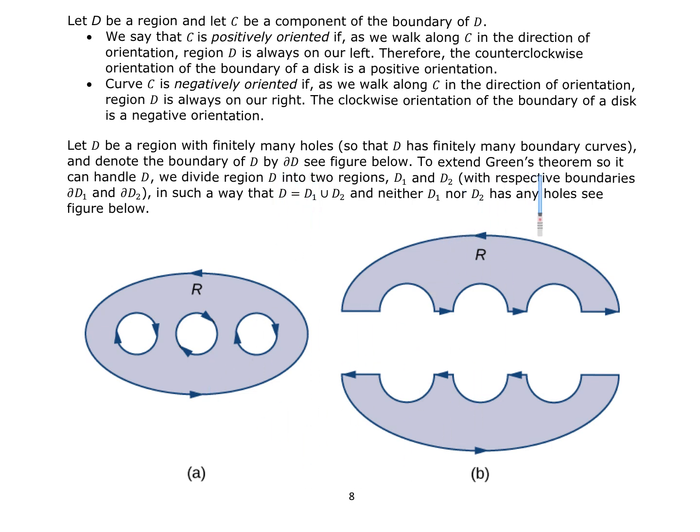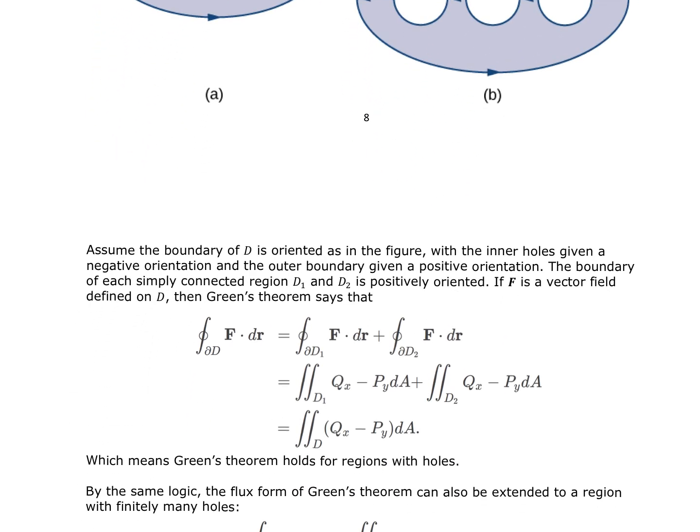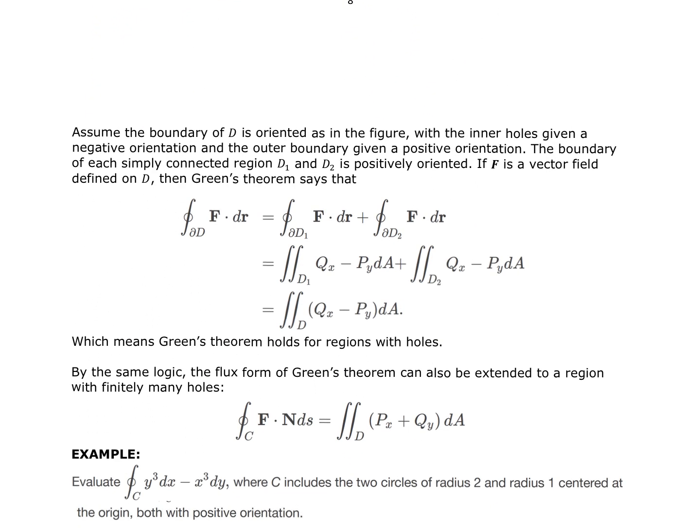To extend Green's theorem so it can handle this region D, we're going to divide D into two regions, D1 and D2, such that D is equal to D1 and D2, because we want to address those holes. So if we assume the boundary of D is oriented like we did, with the inner holes given a negative orientation and the outer boundary given a positive orientation, we're going to end up with this.